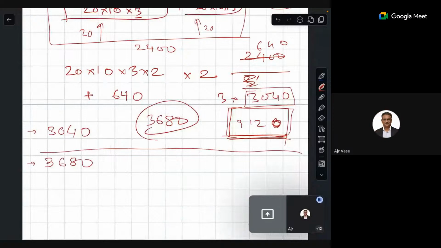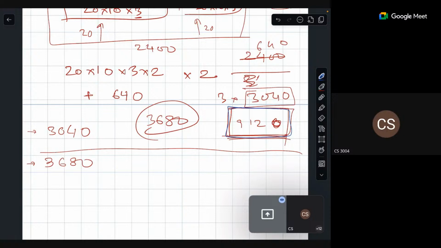The paper had 3680. We were way off, so we were wondering. No, 9120 is correct. I confirmed with the previous instructor. It's a mistake by them, but the correct solution is 9120.